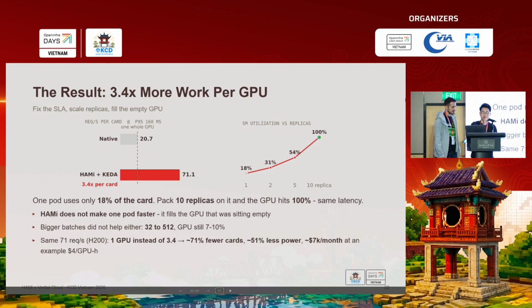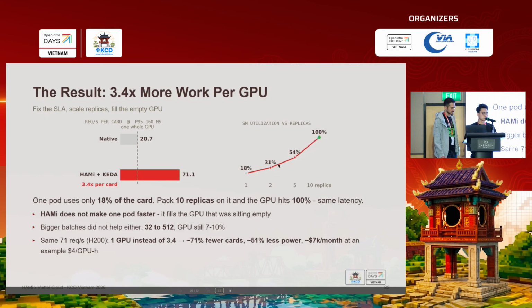The right chart is the streaming multiprocessor utilization. When we increase the replicas on the card for the time series inference jobs, the utilization of the card can reach about 100%, with the same latency.